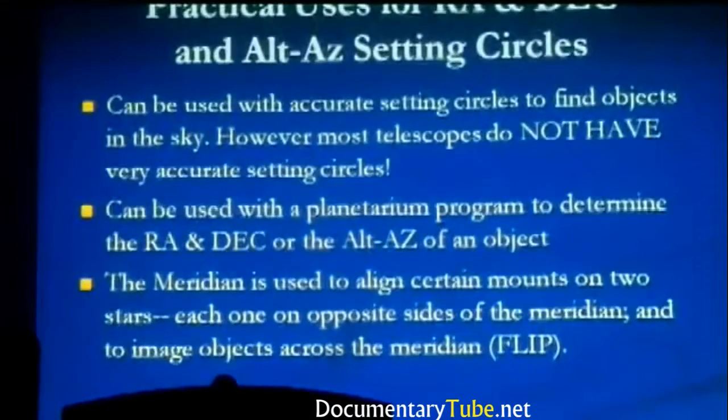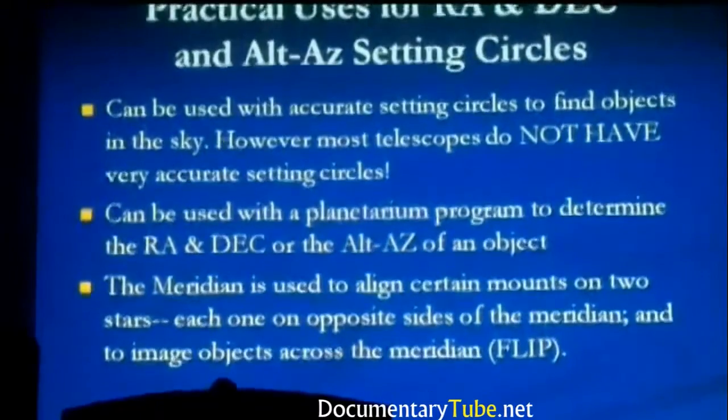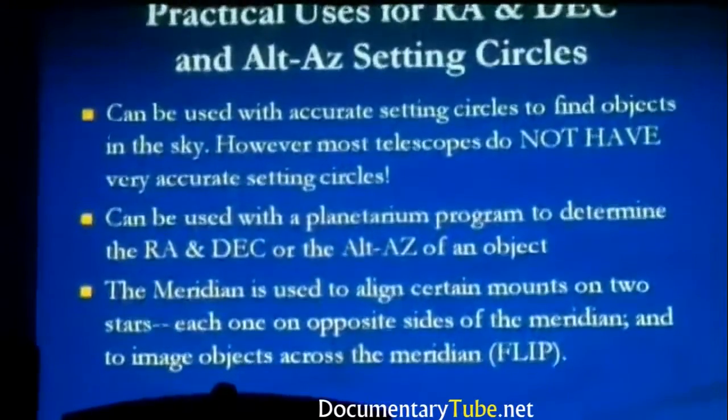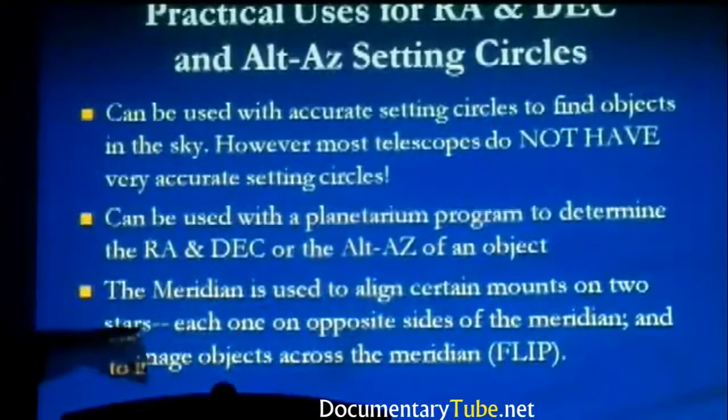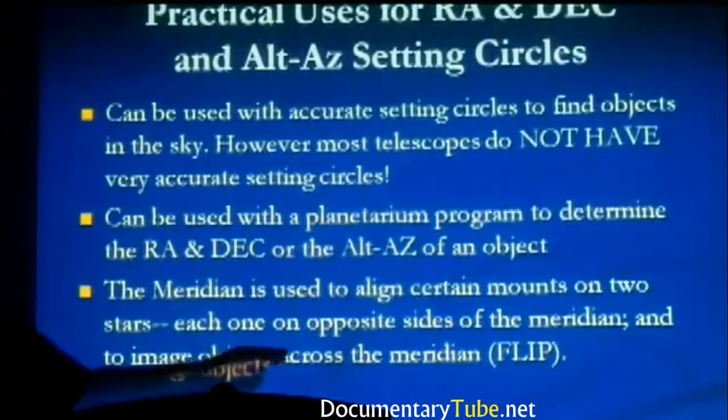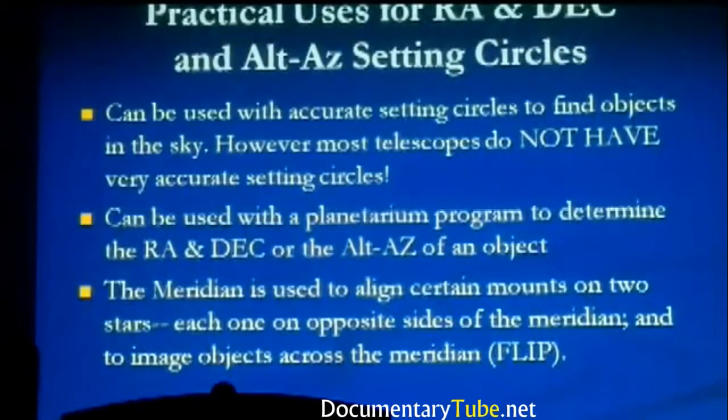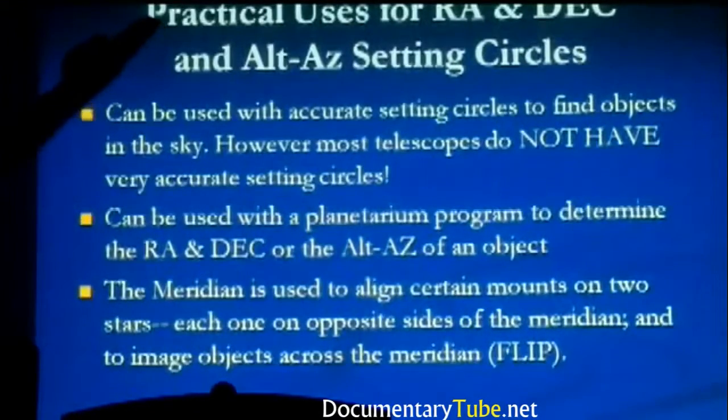Also, if you've got a computerized telescope, one that automatically finds objects for you, what we call go-to telescopes, and then tracks them in the sky, or even if you have a digital push-to telescope, the meridian is used to align certain mounts on two stars, each one on opposite sides of the meridian, and to image objects across the meridian. That's like the flip that we talked about earlier. So if you have a go-to telescope and you want to do a two-star alignment, it's best if you do them on either side of the meridian.